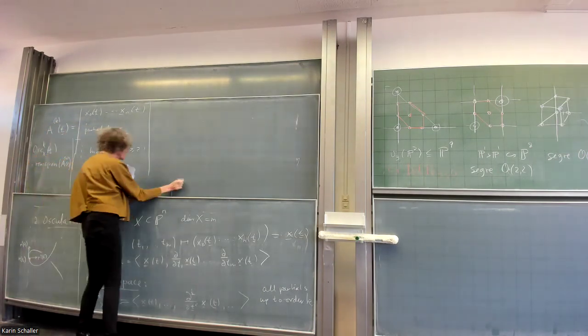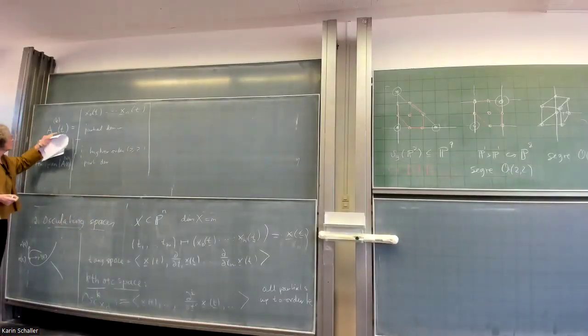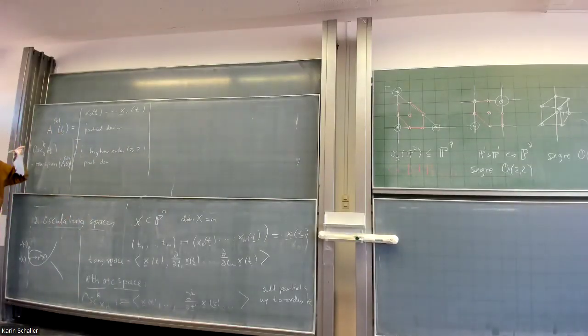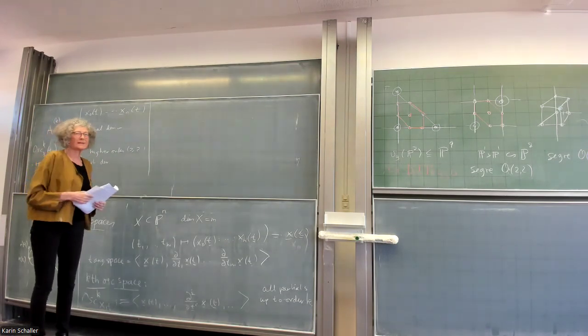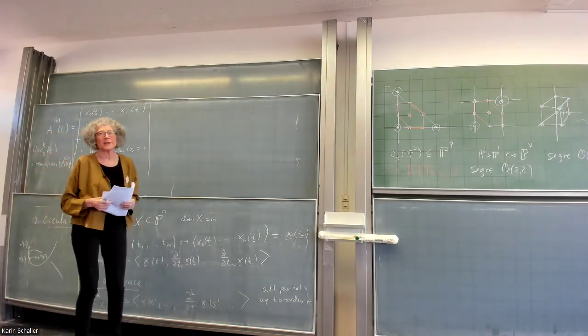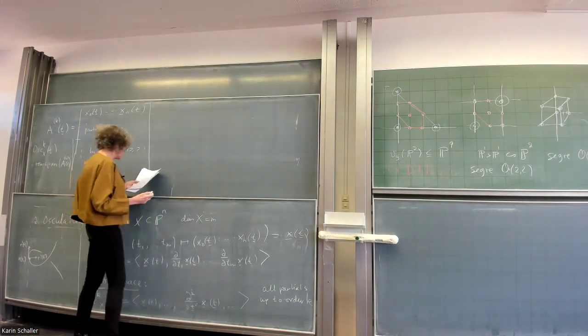Let me just remark that, so now I have for each point t1 to tn, I have defined an osculating space. So I have sort of a family of osculating spaces, and these spaces can be encoded by a sheaf, which is the jet sheaf in differential geometry, but in algebraic geometry, it's called the sheaf of principal parts of the line bundle O(1).